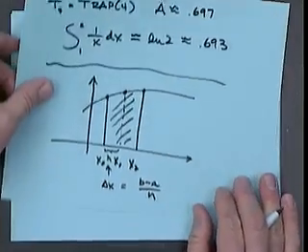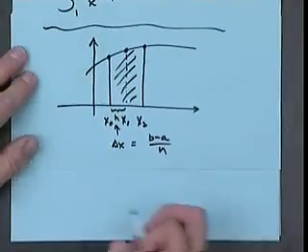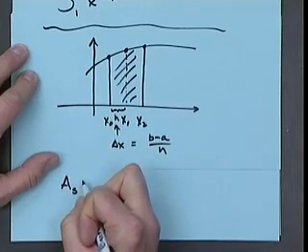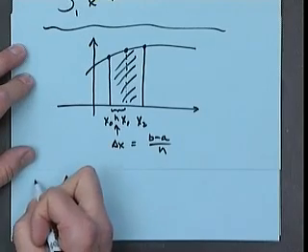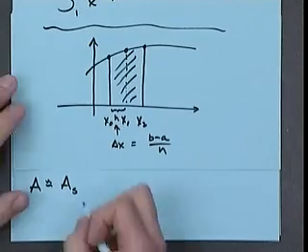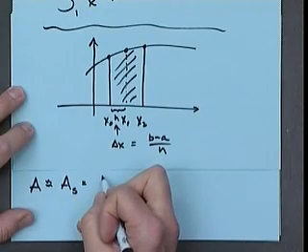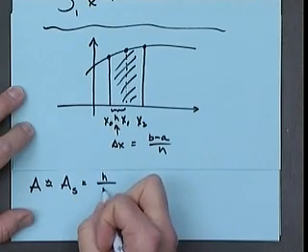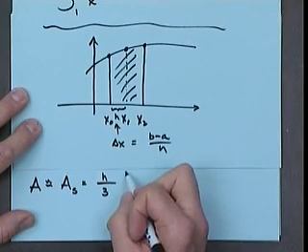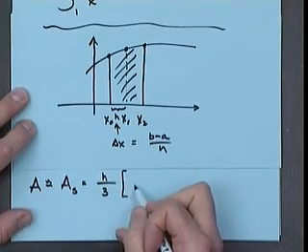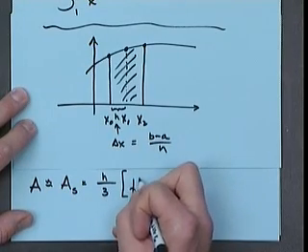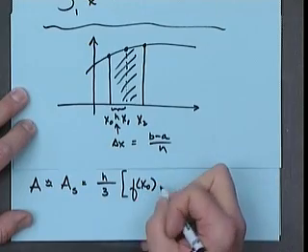I think we got to the point yesterday where we had the area with Simpson's rule, and it's approximately equal to the actual area under the curve. H over 3, I think we got to that point. Y0 was in this position, and we decided that Y0 was really f of x0.